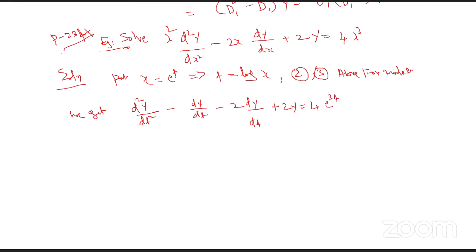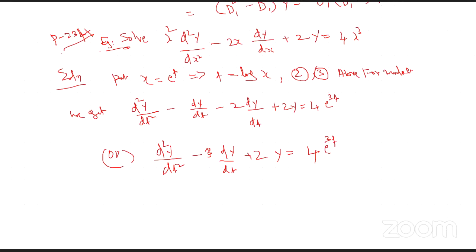On simplifying, we can write d square y by dt square minus 3 dy by dt plus 2y equal to 4 e power 3t.